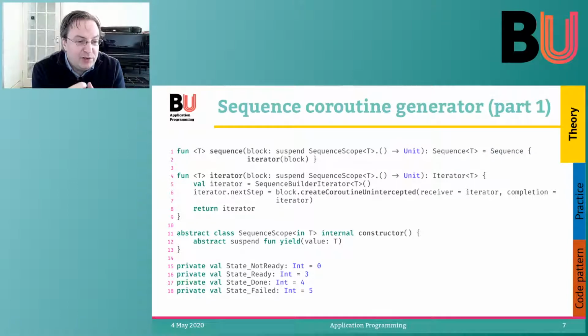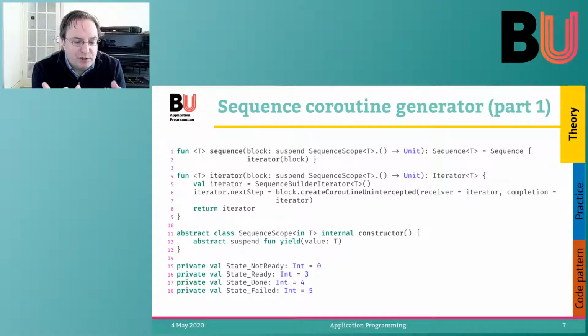What we do here on line 5 is create a sequence builder iterator for the type that we are iterating over. We will have a look at this sequence builder iterator separately, because most of the interesting stuff happens there. It implements iterator, but it implements other things. Then in that iterator, we set the next step property to create a coroutine.